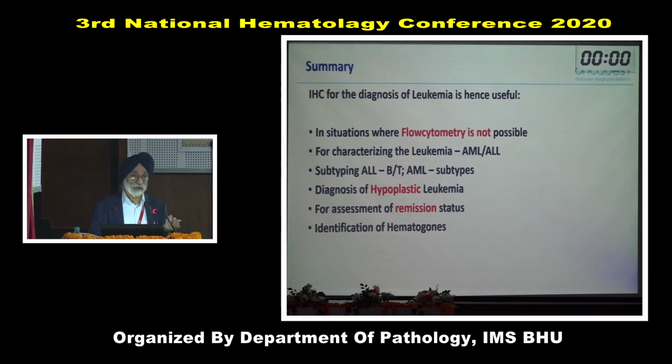But since flow is not available for some reason or the other, that is where we can do the immunophenotyping and come to a conclusion whether it is AML or ALL, whether it is BOT, and then it is very, very useful for hypoplastic acute leukemias as well as for assessment of remission status.